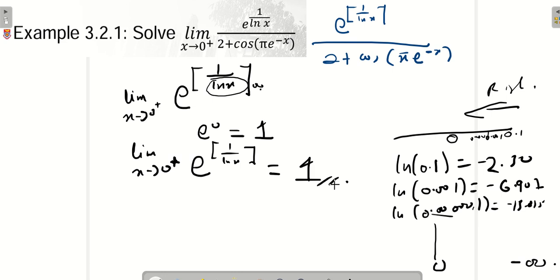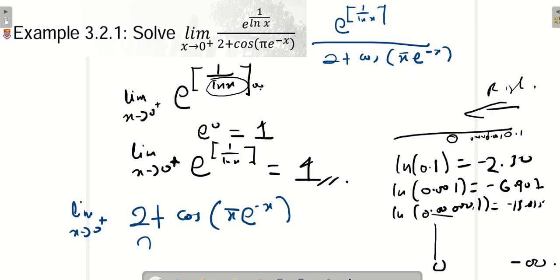Let's now focus on the denominator. With the denominator, we are also finding the limit as x is approaching 0 from the right of 2 plus cos pi e to the power negative x.